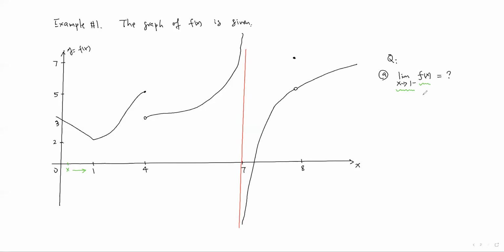The height of the graph of a function is the function value. So f of x is this height. Let me use a different color. Yeah, this height is f of x.